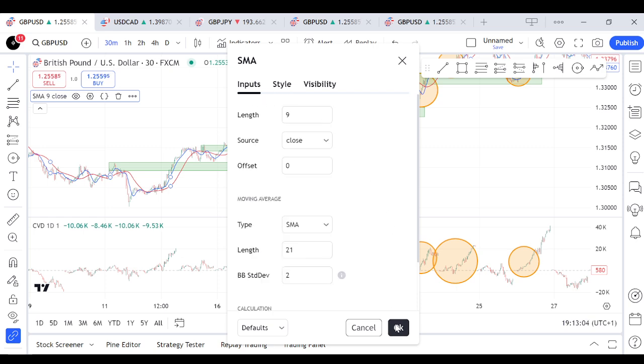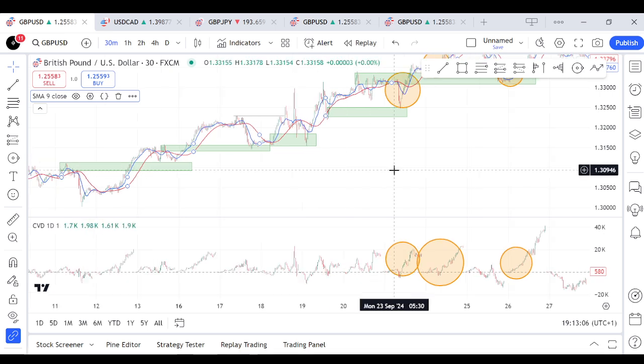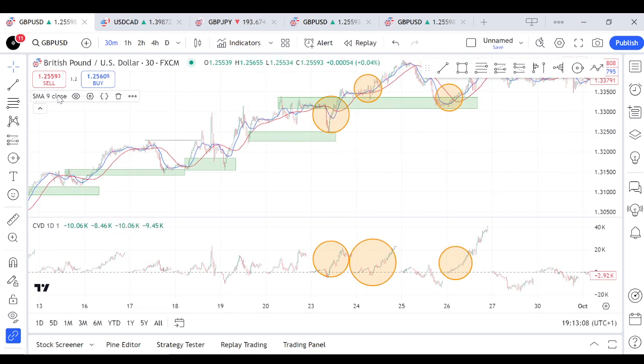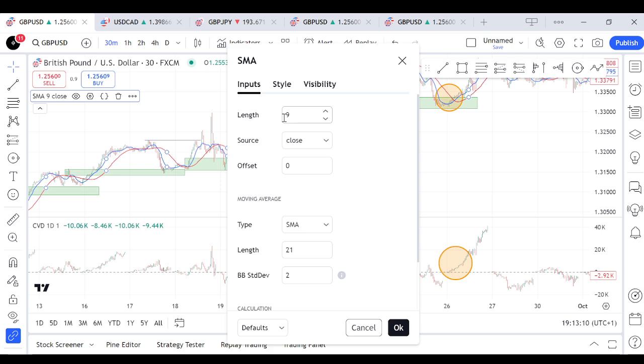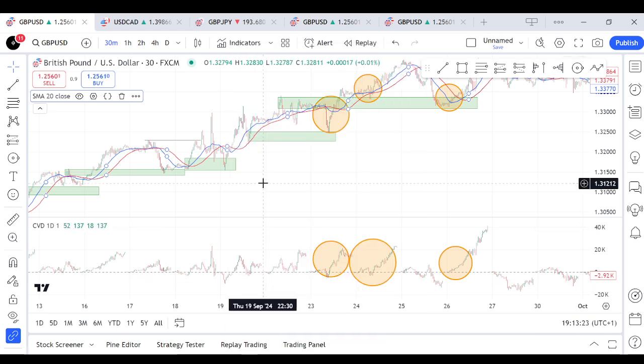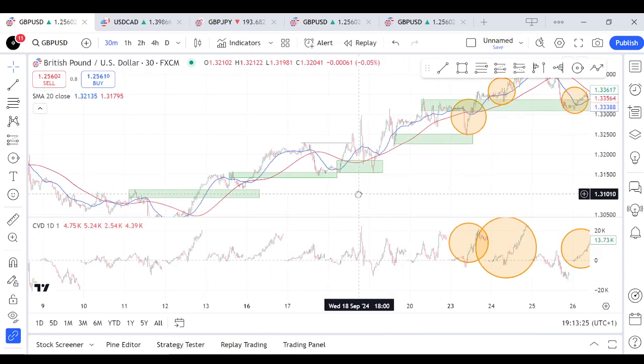This is wonderful. And now, okay, this is giving us multiple signals. Let me adjust the length. Just going to use 20-day. Actually, I'm going to use 50. Now we have fewer signals.